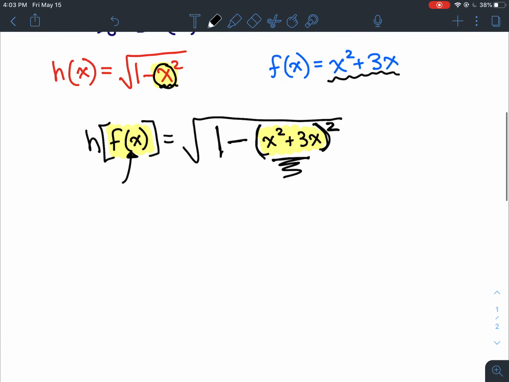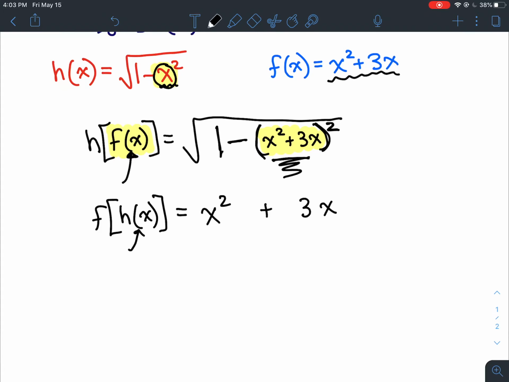Okay, and let's say we wanted to do the opposite. Let's say we wanted to find f of h of x. So f is our outer function now. Our outer function is x squared plus 3x. But remember, our inner function is h of x. So now, instead of these x's here, we're going to get rid of those x's and replace them with this as our input. In its place, there's going to be the square root of 1 minus x squared.